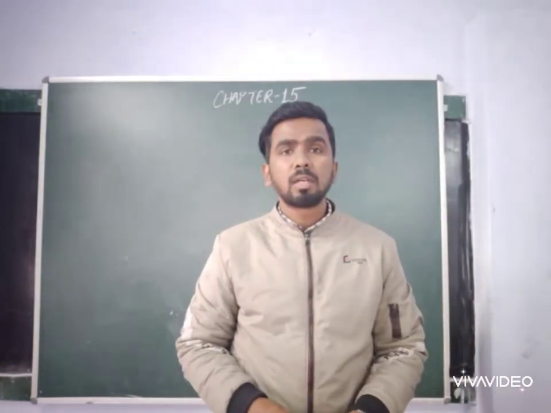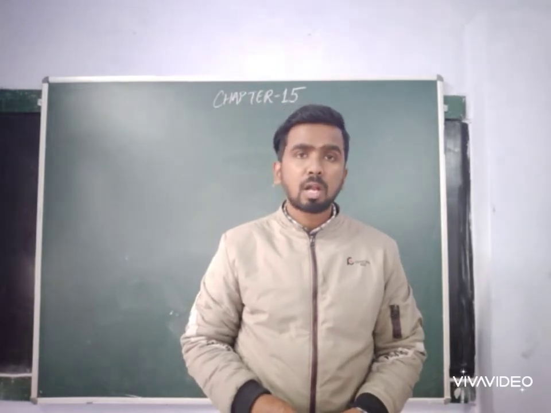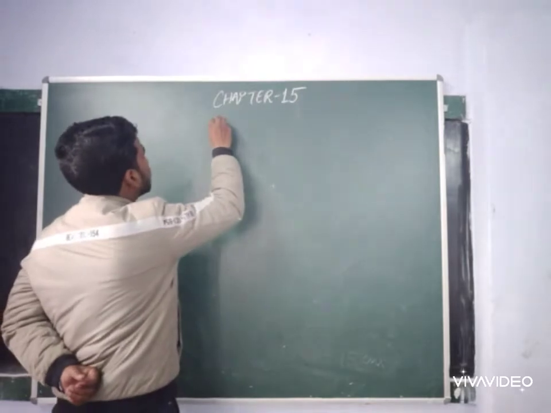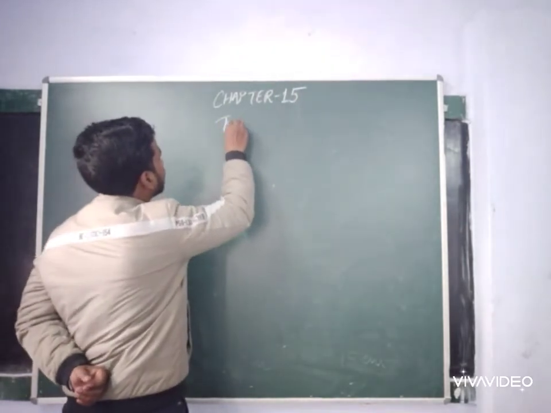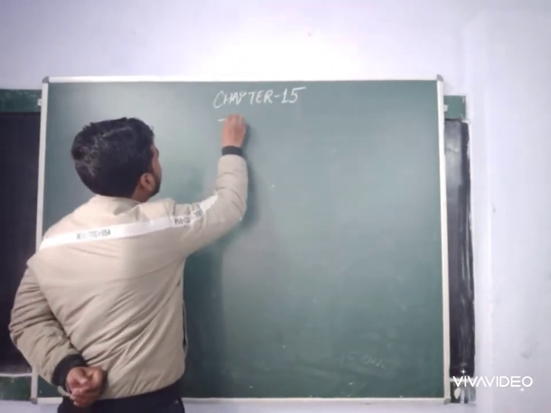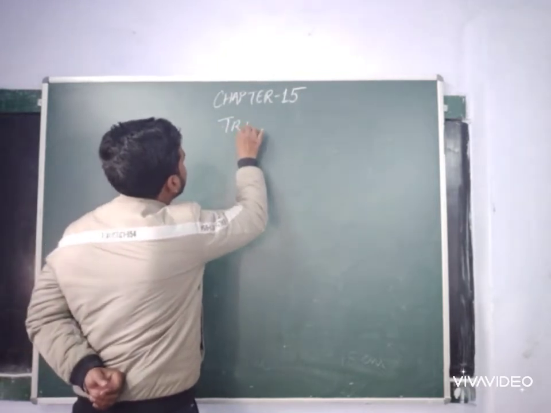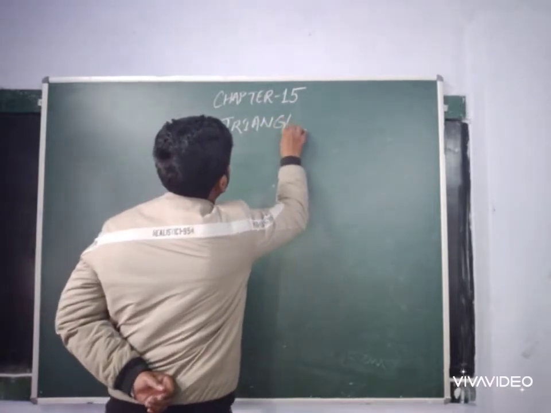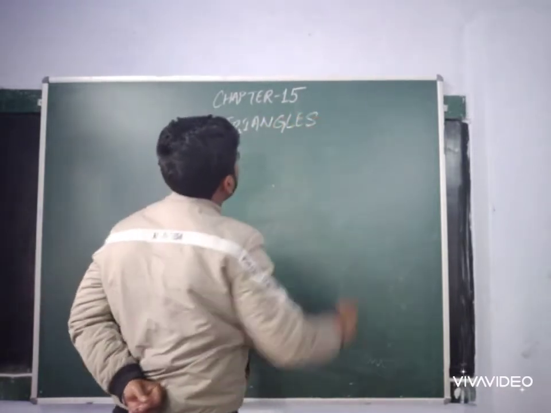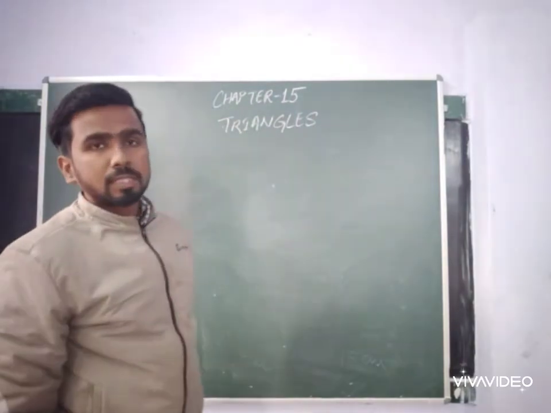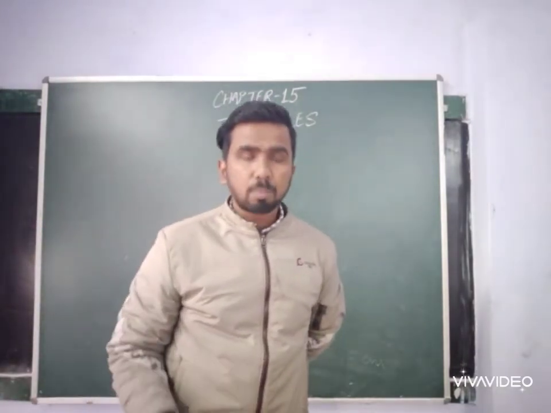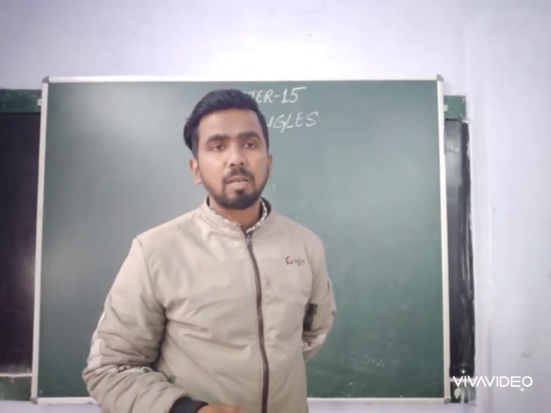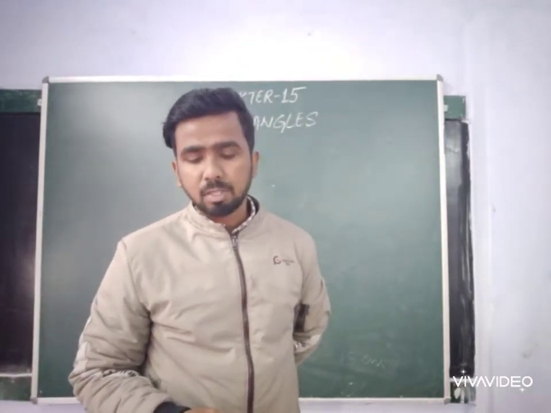So today we are again going to start with chapter 15, and the name of this chapter is triangles. In this we will see very small but very important definitions of a few things that will help you in solving the exercises.